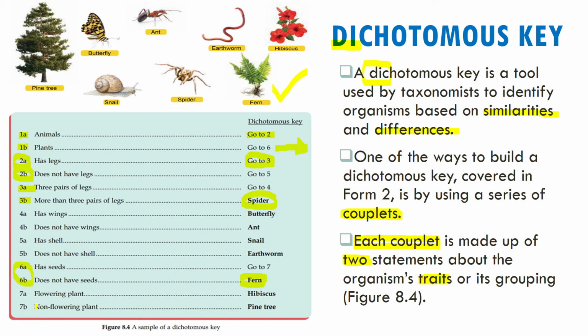Okay, tapi if it is flowering plants, okay, just now from here has seeds. So antara hibiscus dan juga pine tree, right? So the flowering plants, definitely that is hibiscus. So we can identify them already. Okay, so ini adalah sampel of dichotomous key yang digunakan, that is being used to identify organisms based on the similarities and also differences.